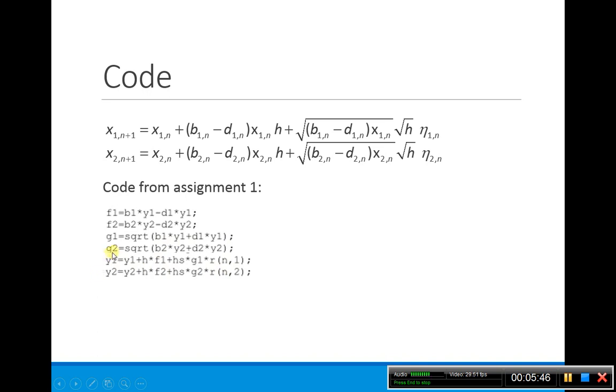So our new value was our previous value plus our h times our f evaluated at the previous value plus this hs times, and hs is not written here, but this hs is the square root of our delta t, and then g1 times our random number.